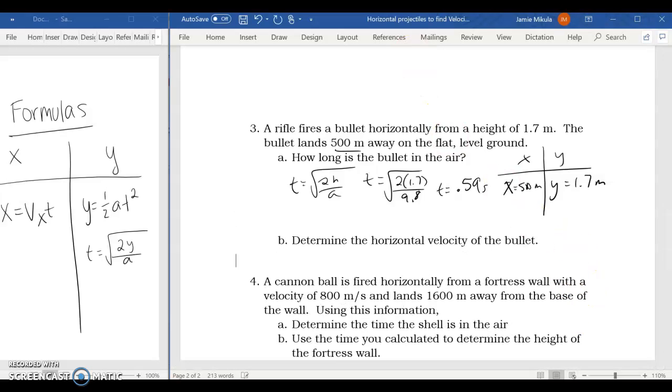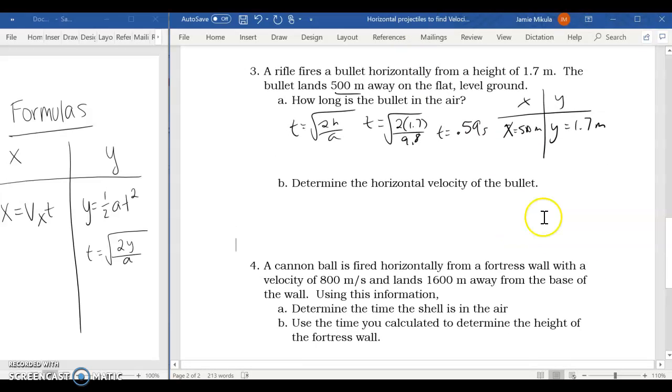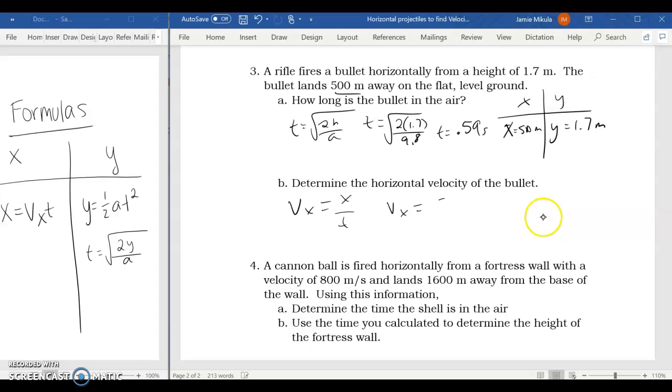Then when you try to find the horizontal velocity, you're going to use that same formula. Vx equals x over t. Vx equals x is 500. T was 0.59. 500 divided by 0.59 is 847 meters per second.